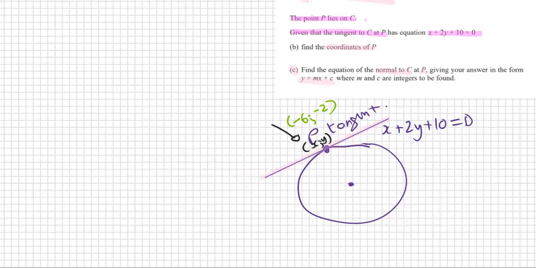And the normal to the curve is just perpendicular to the tangent. So normal to the curve is a line perpendicular to the tangent to the curve at that point. Okay, so that's the normal.